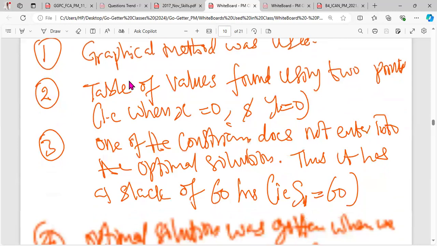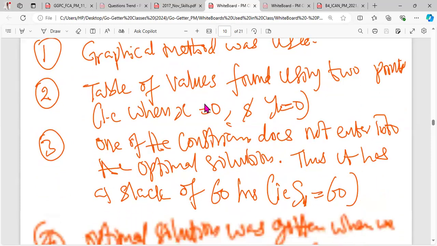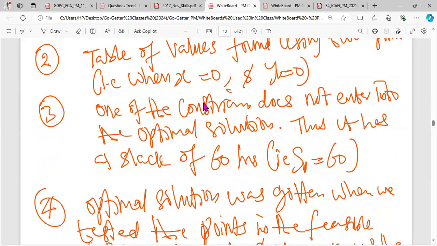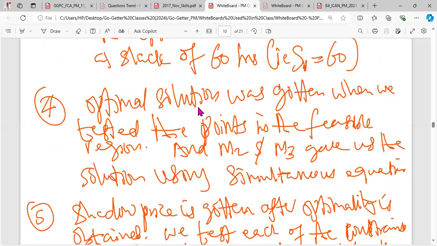The summary we had here was that the graphical method was used, and a table of values was found using 2 points, X and Y. One of the constraints does not enter the optimal solution, which is M1, and it has a slack variable S1, which is 60. The optimal solution was gotten when we tested the points in the feasible region, that is point C. And point C is bound by M2 and M3, which we got their values using simultaneous equations.